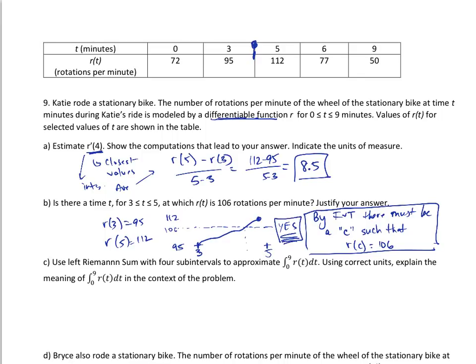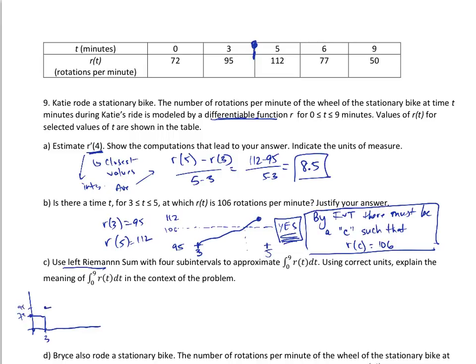Okay, use left Riemann sums with 4 subintervals. Let me set it up, and then I'll move this up a little bit. I'm going to quickly sketch over here a graph of what's happening. At 0, we have 72. At 3, we've got 95, so it's a little bit higher. I need a left Riemann sum, so I'm going to start on the left side, go like this. At 3, we got 95.